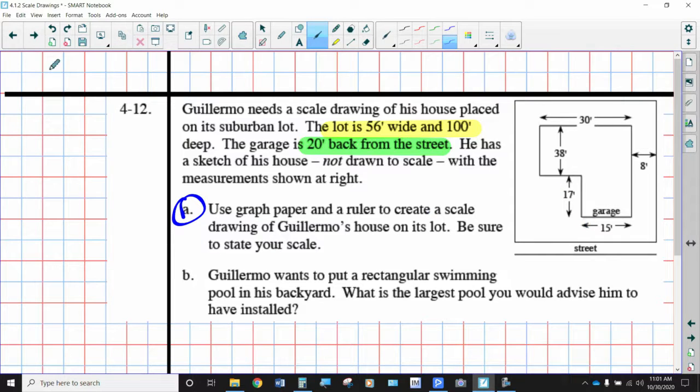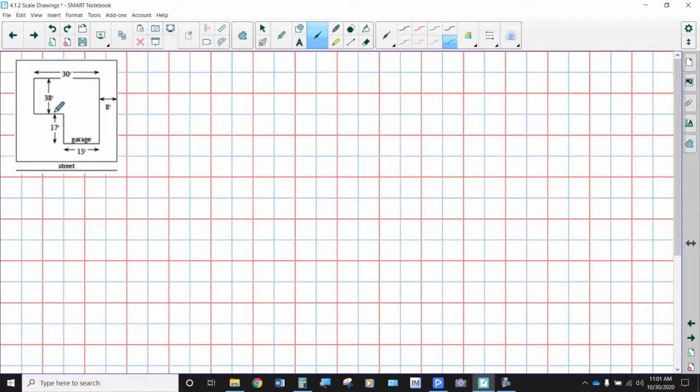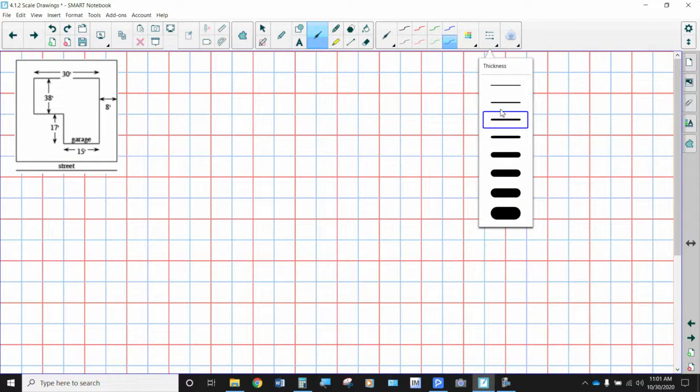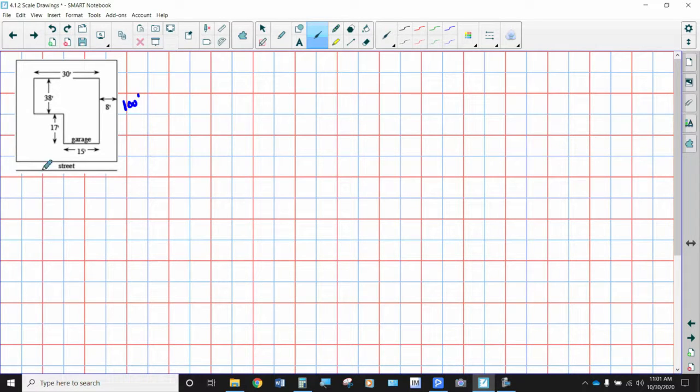All right, so we have to take these dimensions, and once again, let's write in some of the numbers that they provided for us. They said the lot was 100 feet by 56 feet, and the distance from here to here was 20 feet. Okay, so every one of those marks are feet, they're not inches. So if we are going to decide on a scale, a lot of your graph paper is 4 squares per inch.